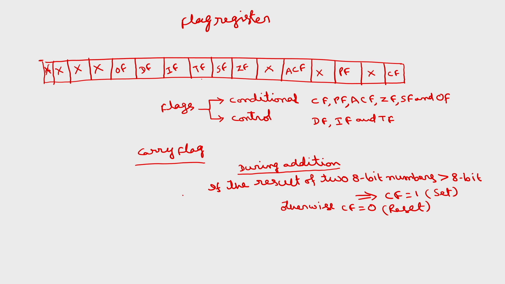This is during addition, whereas during subtraction, if the MSB needs a borrow, the carry flag is set. Subtraction is normally performed as minuend minus subtrahend.